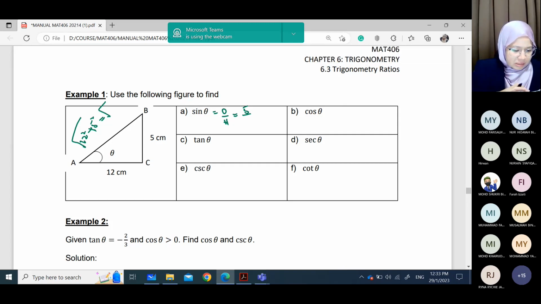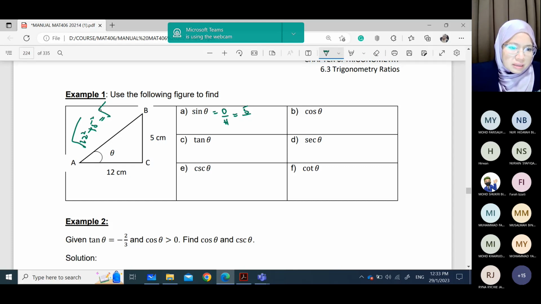So hypotenuse, punca kuasa 13. So untuk hypotenuse is 13. Okay, so sin theta is 5 over 13. Cosine theta 12 over 13. Okay. Boleh?